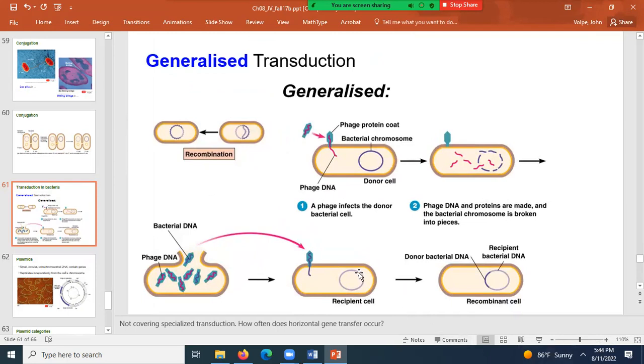But we have, in generalized transduction, which is all we're going to talk about, a cell that will be infected with a virus. And what the bacteria virus does is it attaches to the cell and then pumps its viral DNA into the cell. And because the virus wants to call the shots in the cell, one of the first genes expressed on the viral DNA is to code for the destruction of the host cell's chromosome.